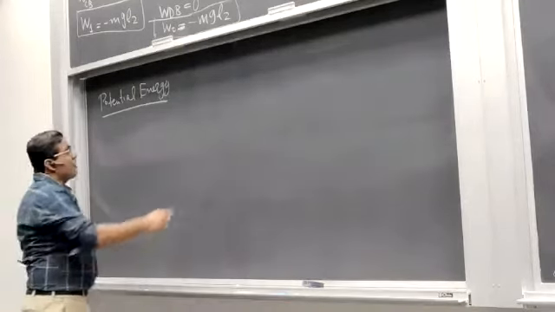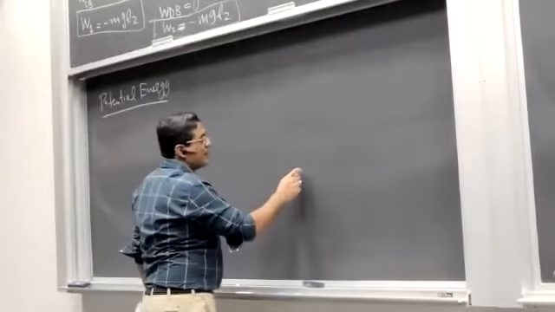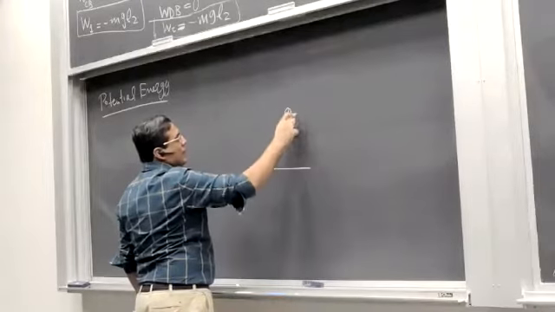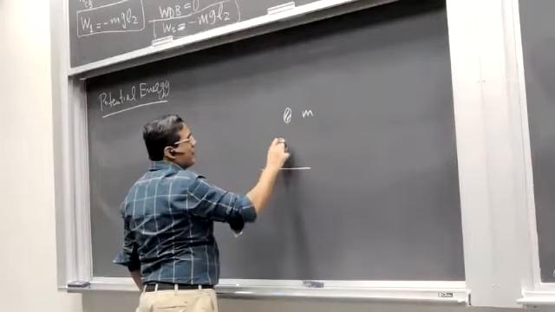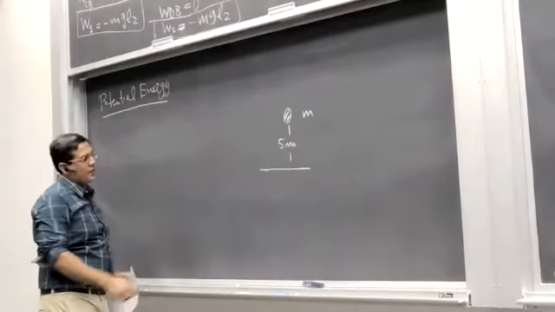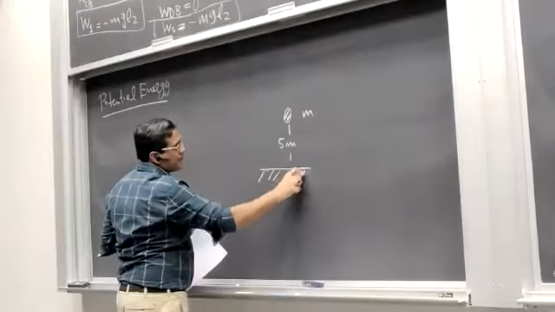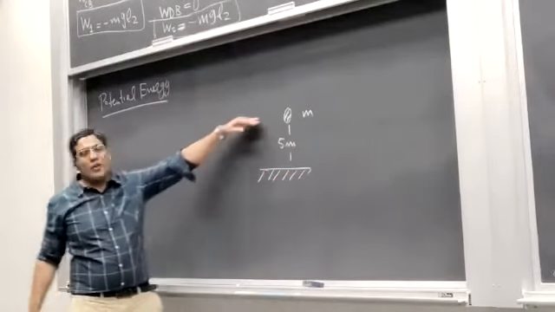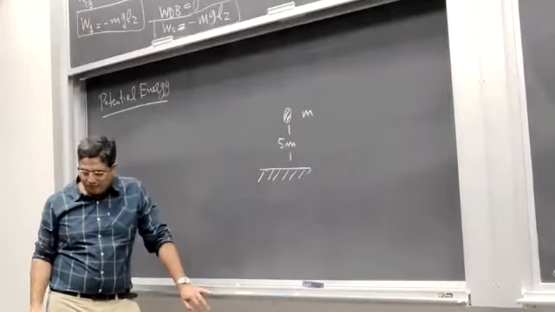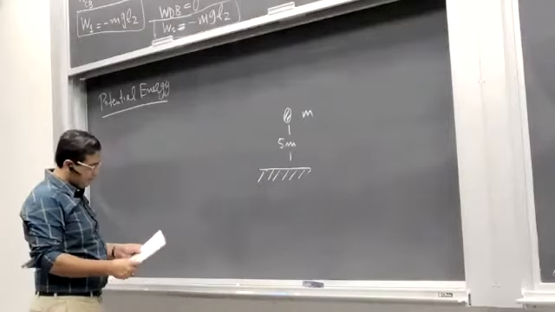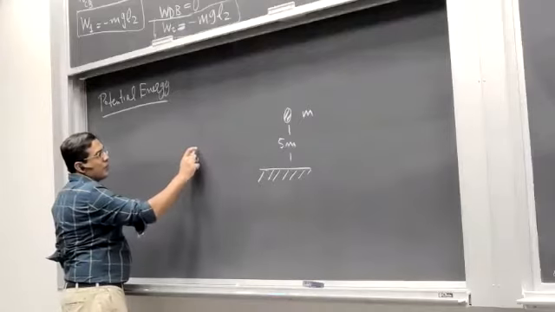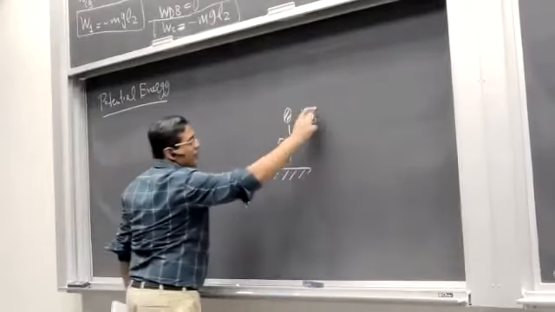Let's say that we have an object of mass m hanging above the surface, let's say 5 meters above the surface of Earth. Once we release this object, what would be the work done by gravity? mgh.